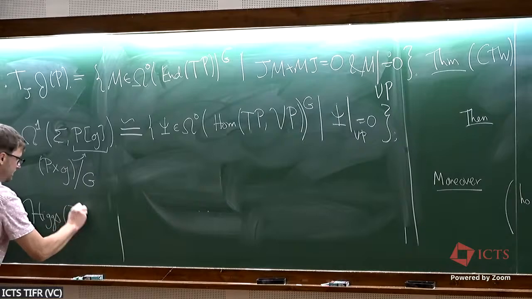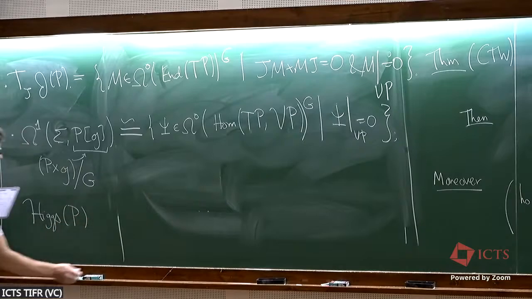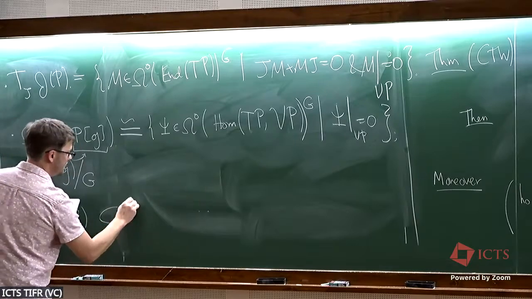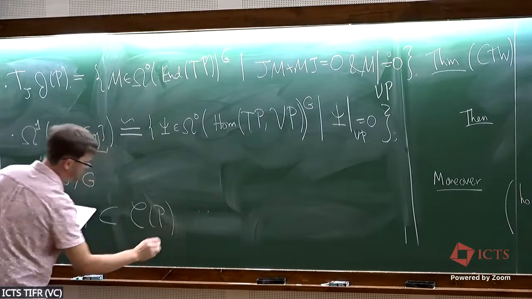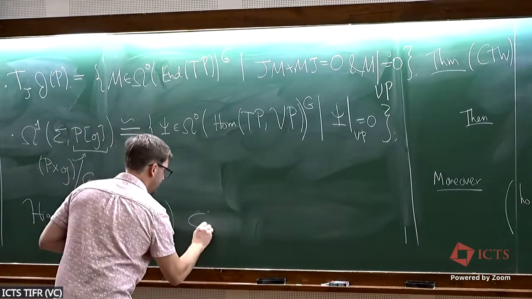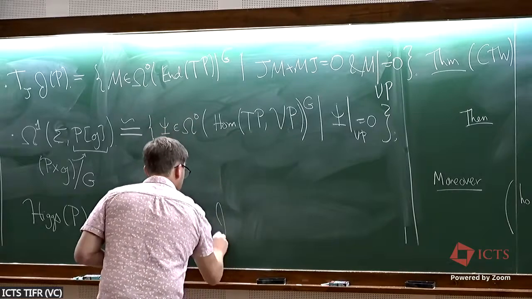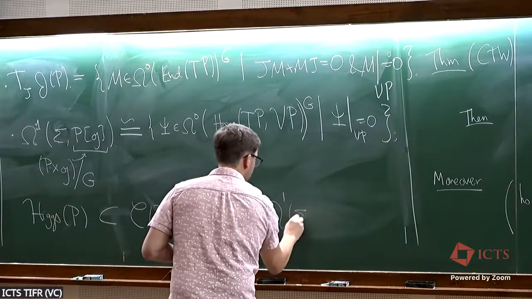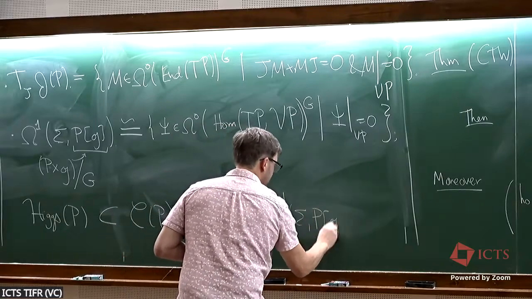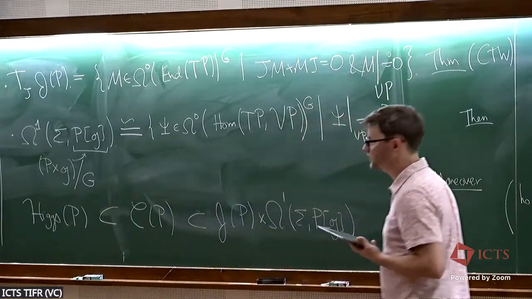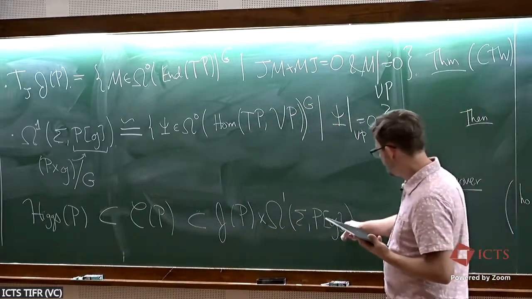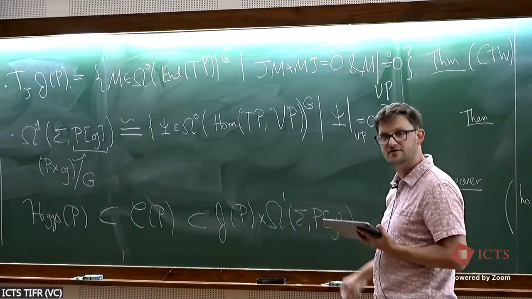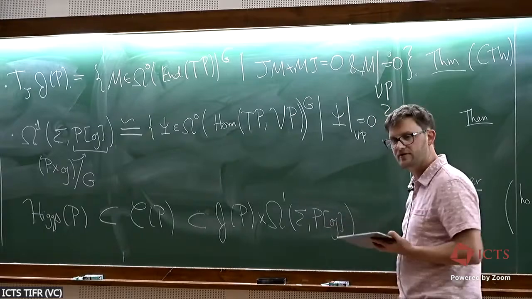Higgs on P is the space we're after, and it's going to sit inside a bigger space, which I'll call C, and this is going to sit inside just a product of all complex structures across all sections of this adjoint bundle, or sorry, one-forms valued in this adjoint bundle. I'm going to be thinking of them like this for most of the time, but writing this because it's a nice thing.